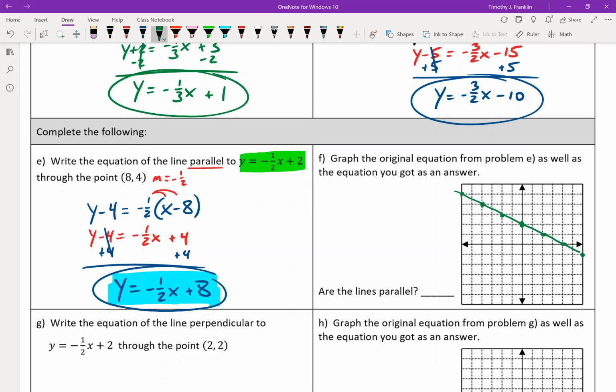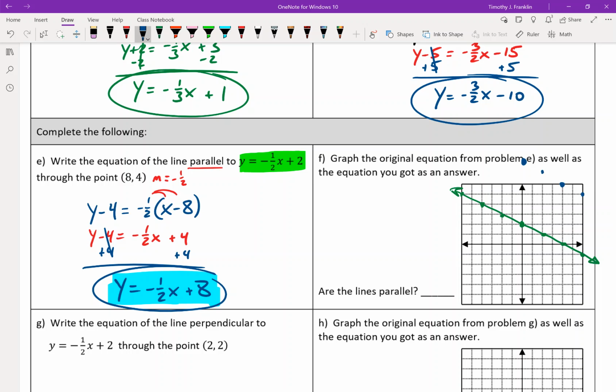Let's connect those. And then the other equation that we found for our answer was negative 1/2 x plus 8. Now 8 is significantly up here, but we can go for it. So slope is negative 1 over 2, so down 1 over 2 is here, then down 1 over 2 would be right here.